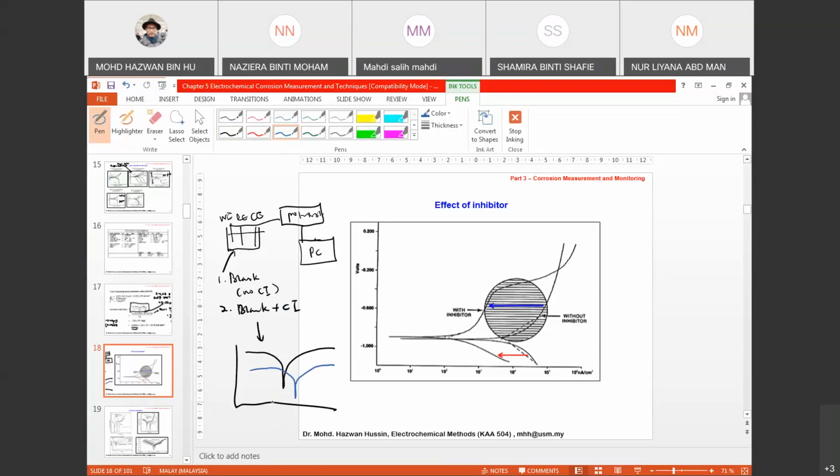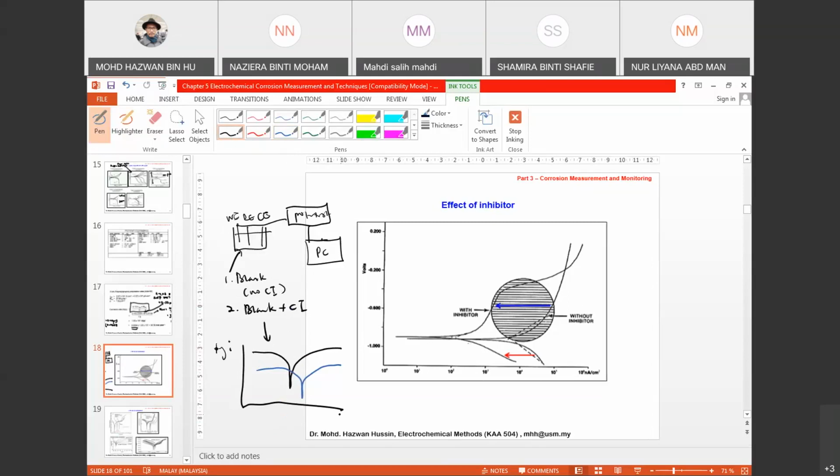Can someone tell me what the difference is that you can observe from this curve? What would be the observation if you overlay the blank sample and the blank with the addition of corrosion inhibitor? Nazira?